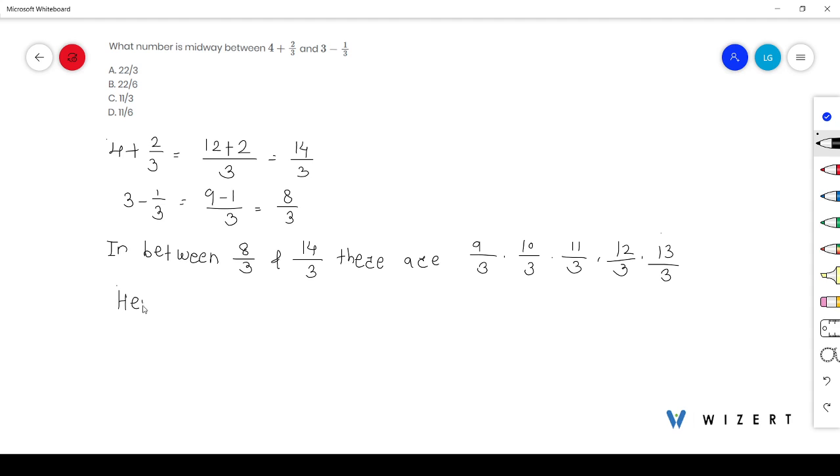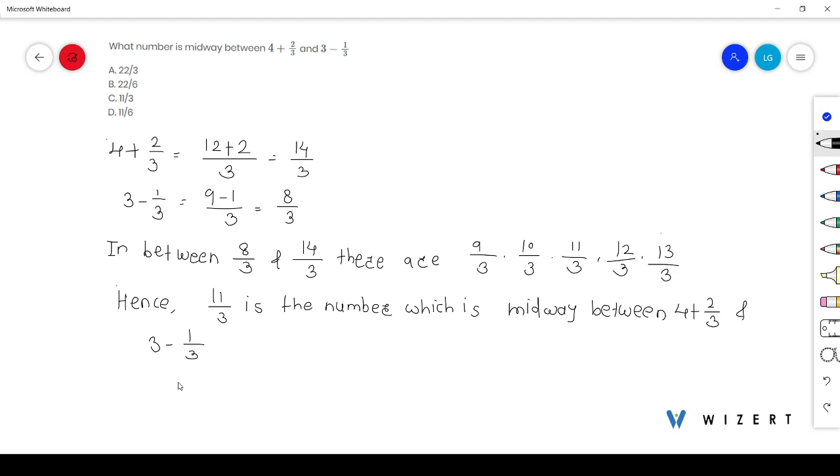So hence 11 by 3 is the number which is midway between 4 plus 2 by 3 and 3 minus 1 by 3. That is, our correct option is option C, which is 11 by 3.